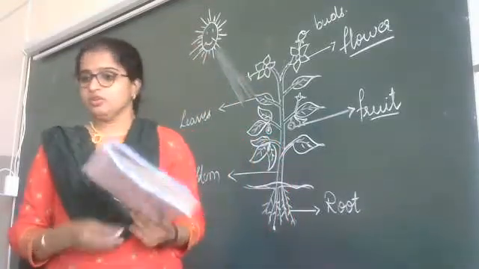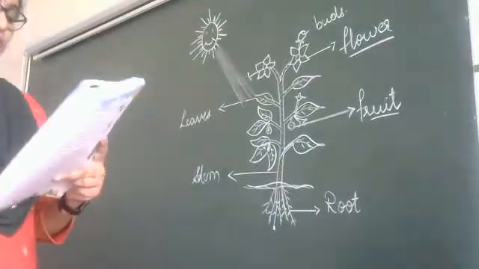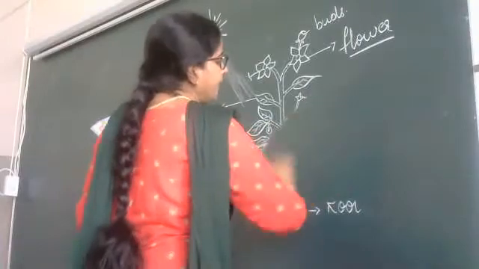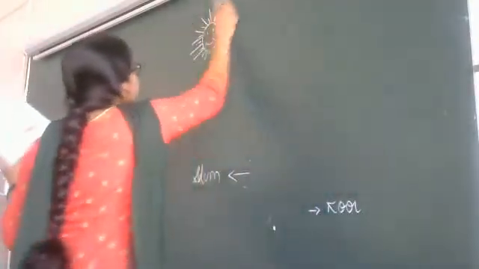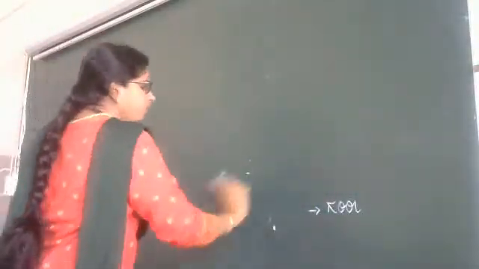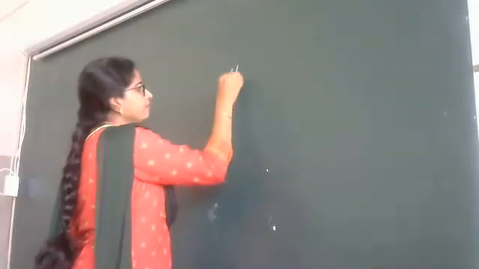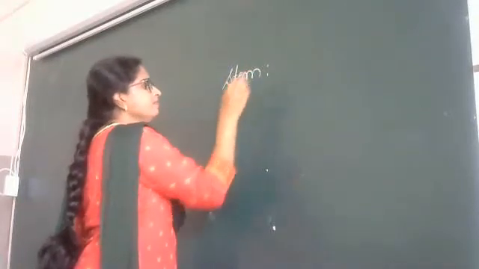And now, uses of plants. We eat different parts of plants. We use different parts of plants. Which are those? Stem. We eat stem. You know which is stem?